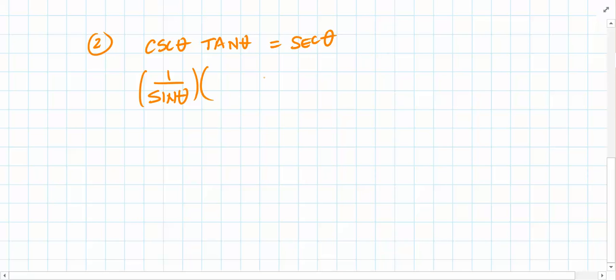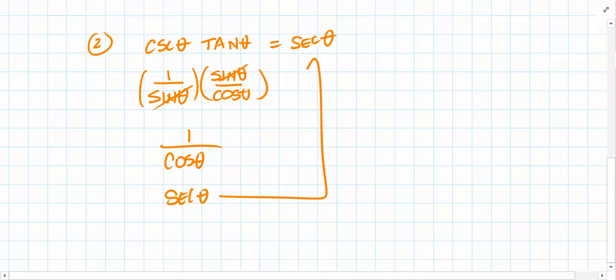And what's tangent theta equal to? Sine theta over cosine theta. Very good. What do you notice? Sine thetas cancel out, leaving us with 1 over cosine theta, which equals secant theta, which is exactly what we were trying to show.